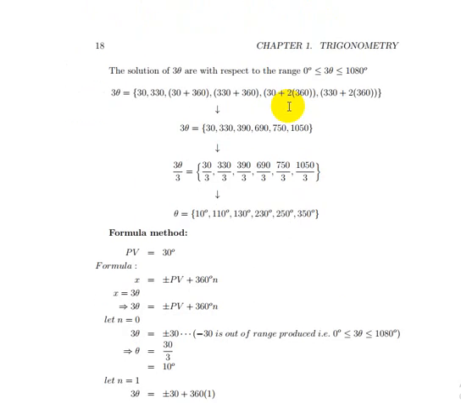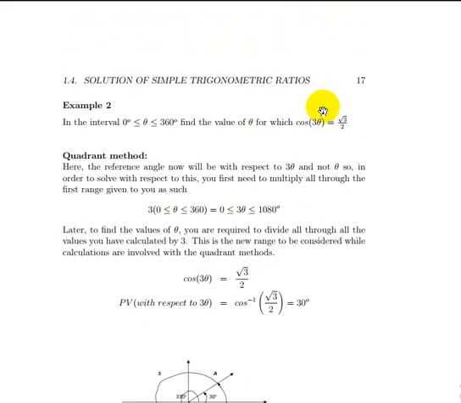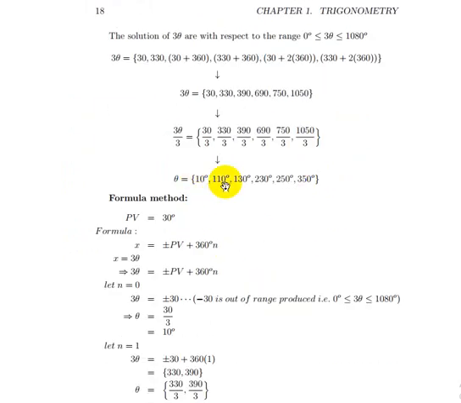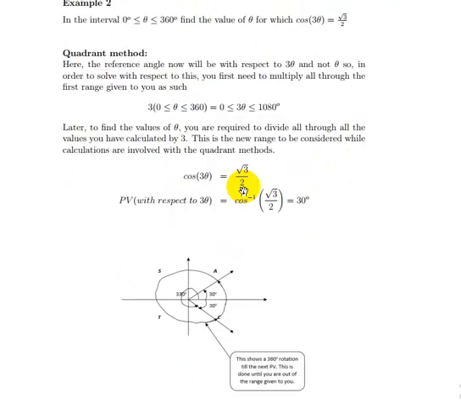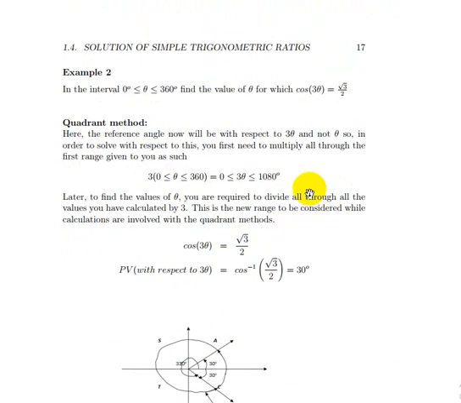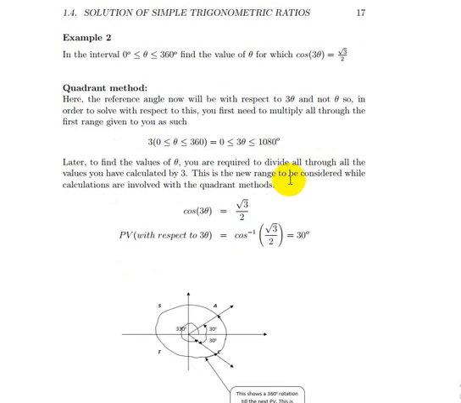If I substitute 10 back into this question, you are going to have cos of 3 times 10, which is 30 degrees, and that is equal. If you substitute back this value 110 into this question, you are going to have this. So you try to substitute all the different values back into this question, and if it does not give you positive root 3 over 2, then you made an error, and you need to start back and verify where the error is.